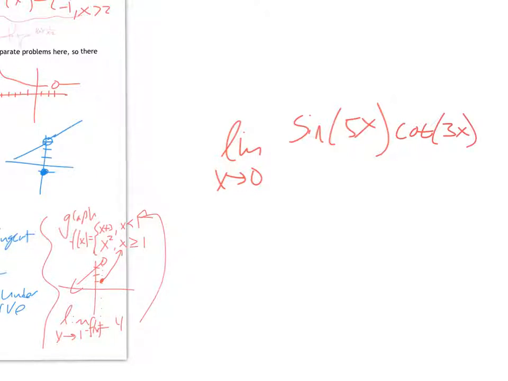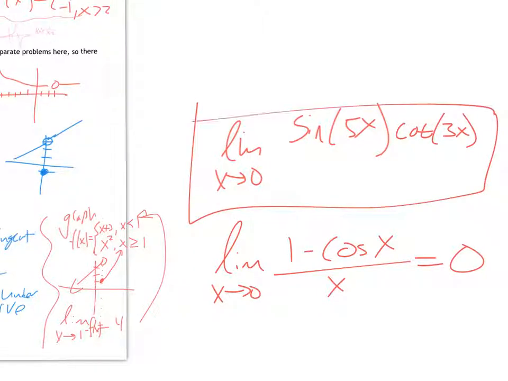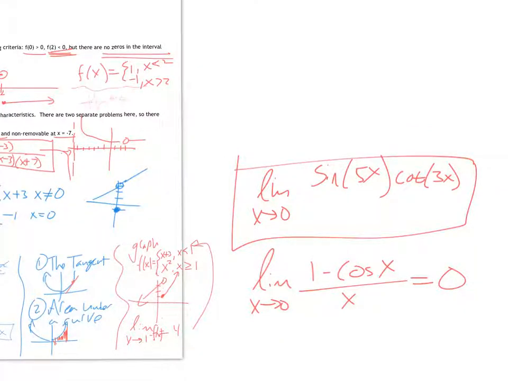You might think about that. And for limits, also memorize this one: as x goes to 0 of 1 minus cosine of x all over x, that is going to 0. So you might think about that kind of problem. We can talk about it in class. All right, good luck. Study hard.